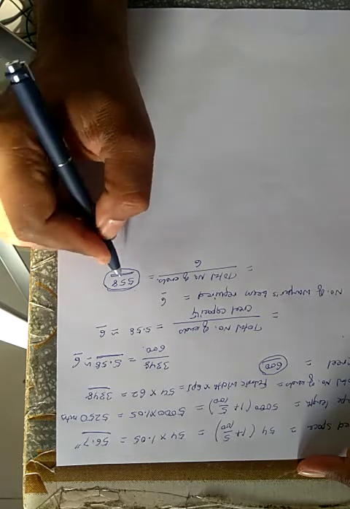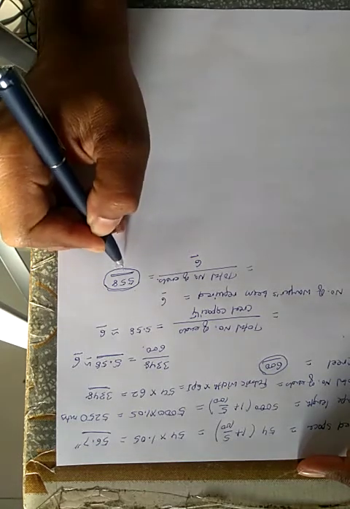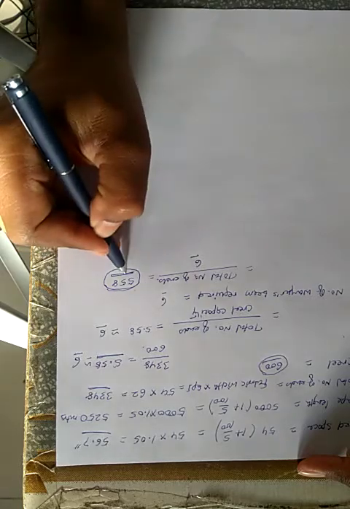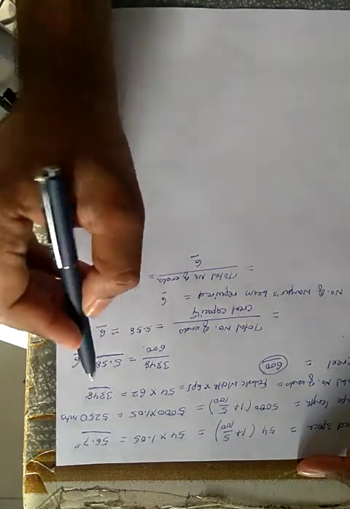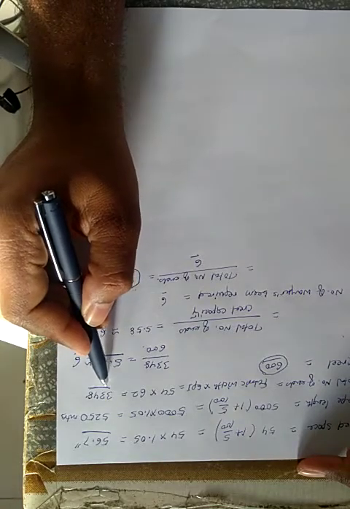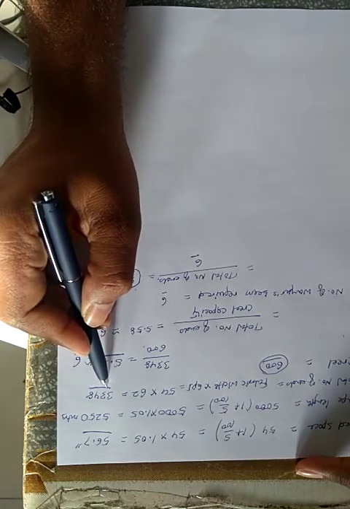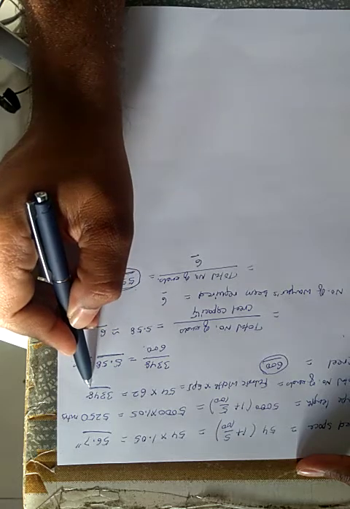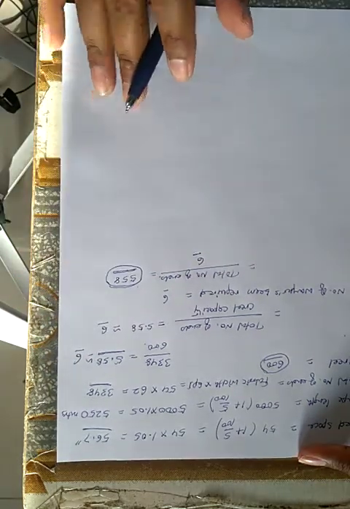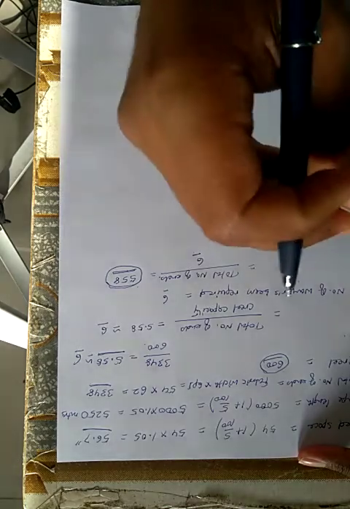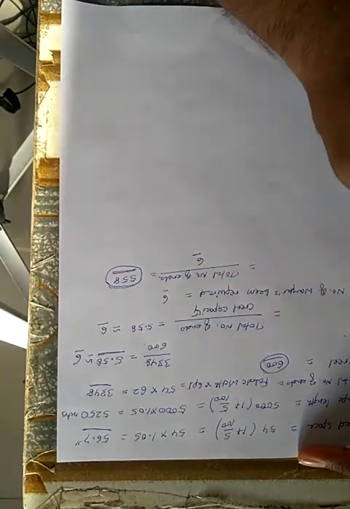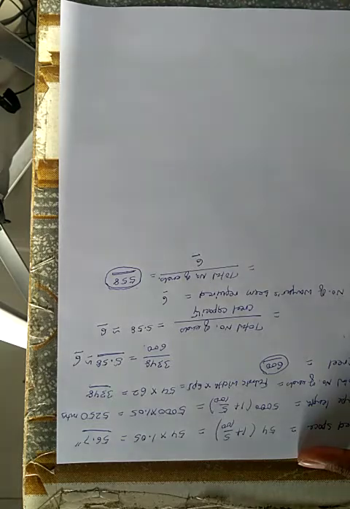When we combine all these 6 warper's beams, we will get a weaver's beam with a total of 3348 ends. So this way we can produce a warper's beam in beam warping machine.